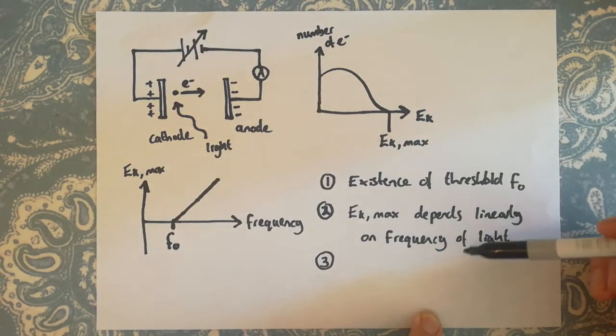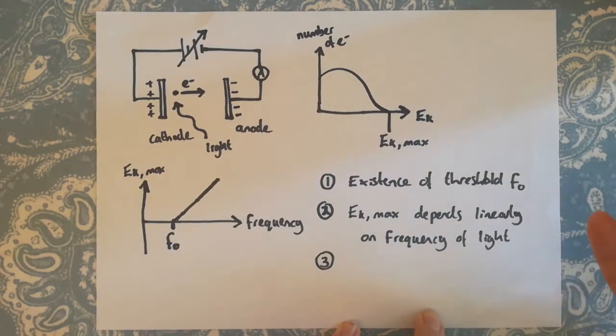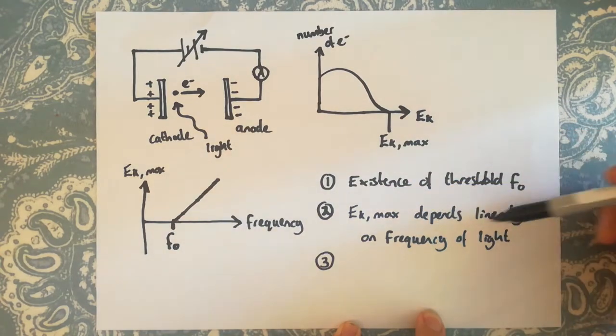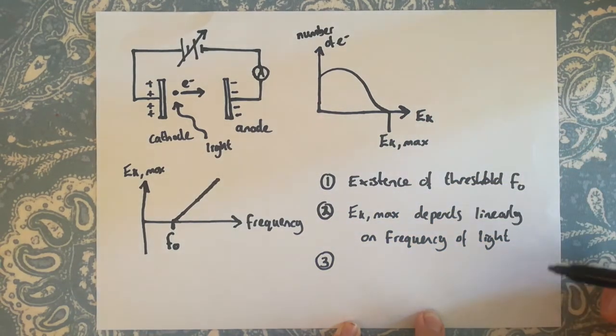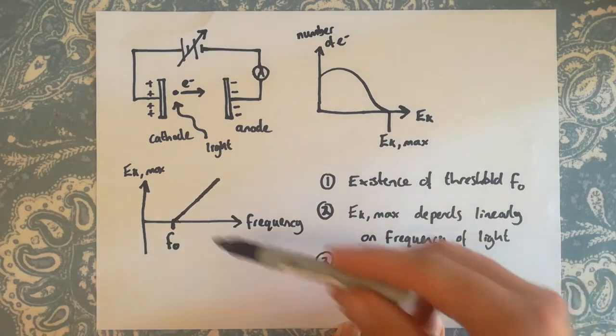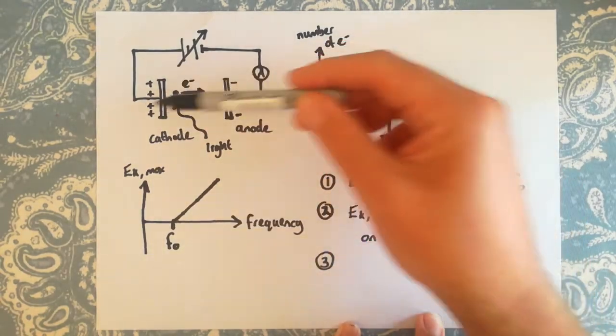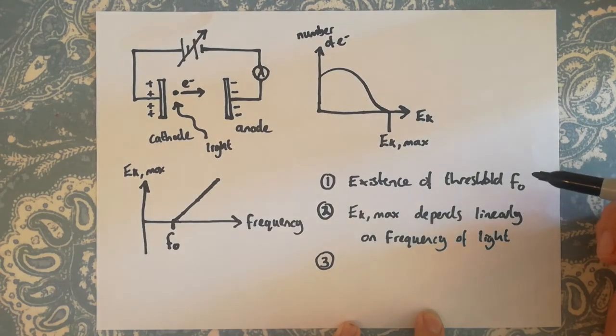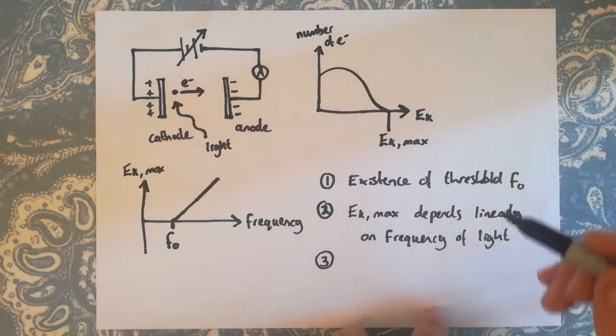In other words, we're using a fixed color of light and we're changing the brightness. So obviously this fixed frequency of light we're using would be above the threshold frequency because we want to see some electrons being emitted, and we're going to change the intensity of the light.